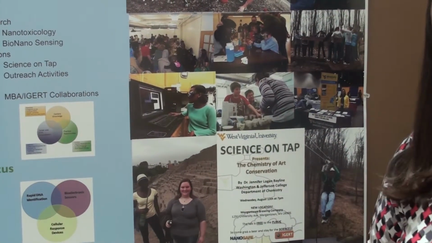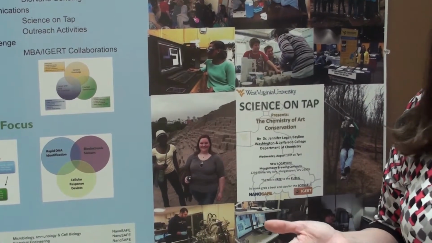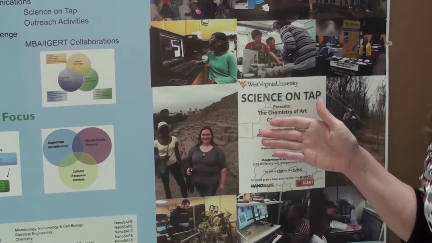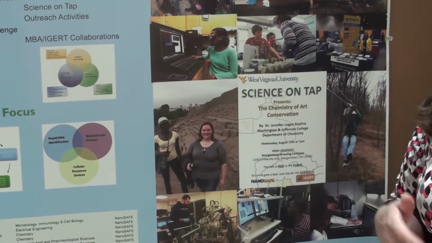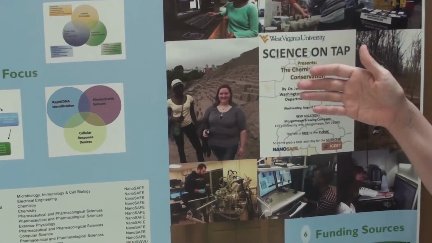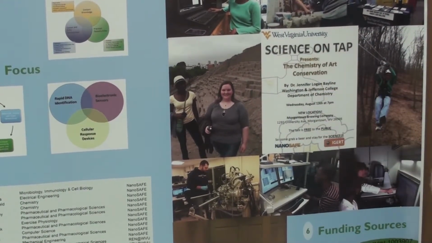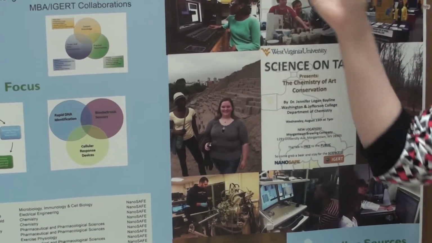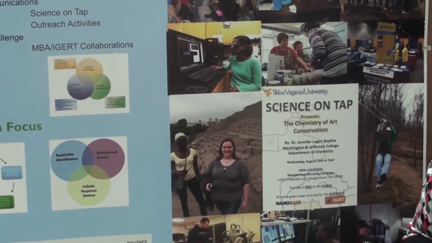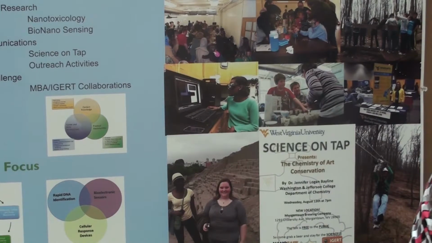An expert in art conservation will present at a local brewery. They're encouraged to have a social atmosphere and to present to the wide variety community. Our last Science on Tap had about 75 people from the public, so it's a well-attended event. We also work very heavily with outreach activities throughout West Virginia, probably about 12 of those per year.